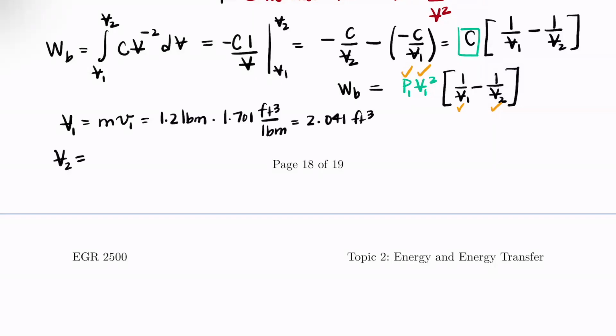And then in a similar fashion, we have V2. So we have mass times specific volume at 2. So we keep our same 1.2 pounds of mass. And our specific volume is now 3.802 cubic feet per pound of mass, which gives us 4.562 cubic feet.